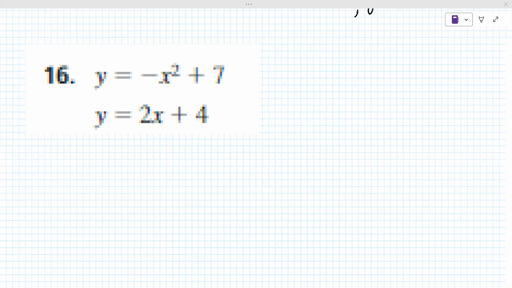X squared plus 2x plus 11 equals 0. I'm going to do completing the square. X plus 1 squared equals 11 plus 1, which is 12.